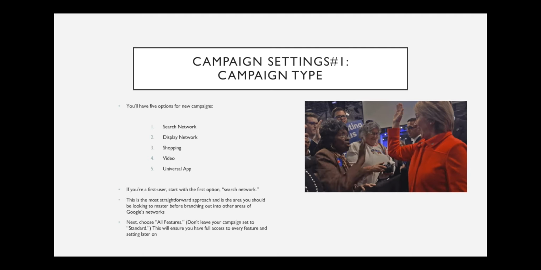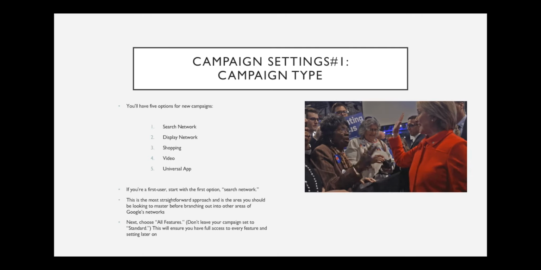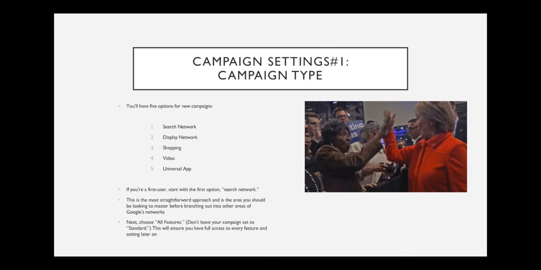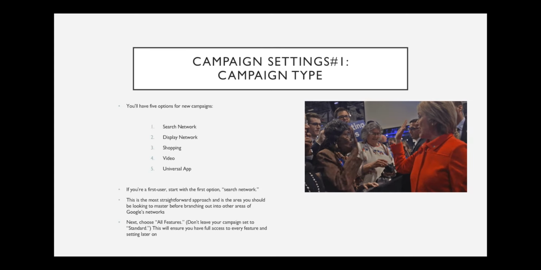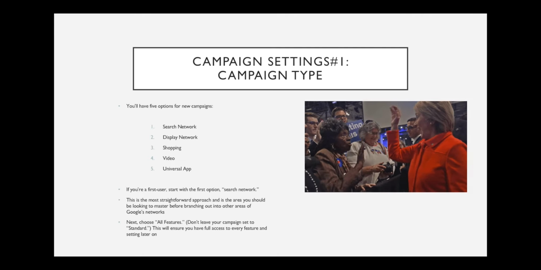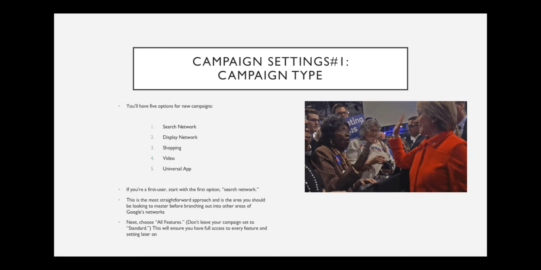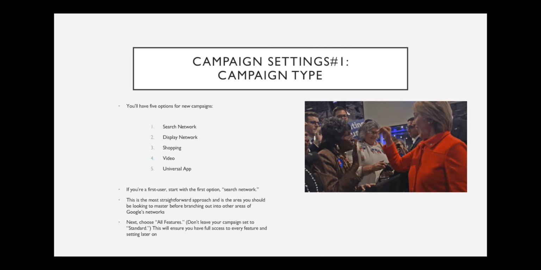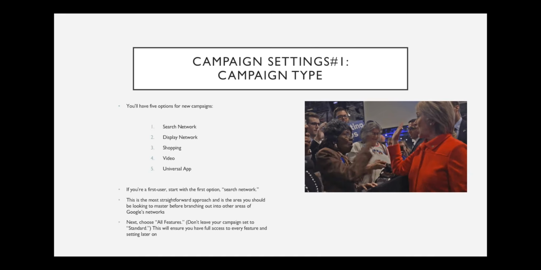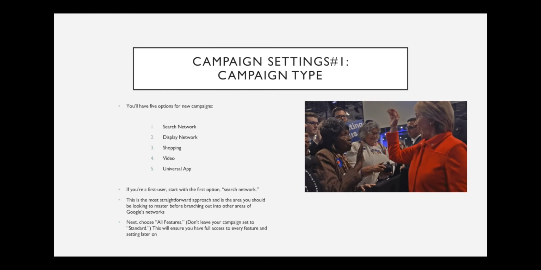If you're a first time user, start with the first option, the search network. This is the most straightforward approach and is the area you should be looking to master before branching out into other areas of Google networks. Next, choose all features as this will ensure that you have full access to every feature and setting later on.